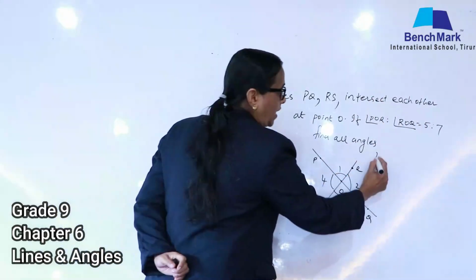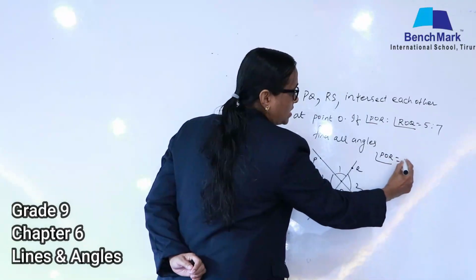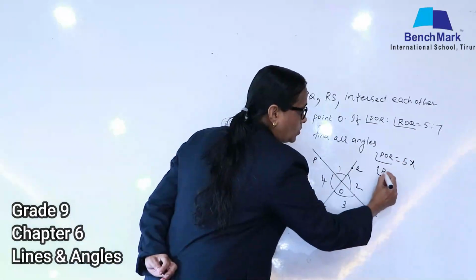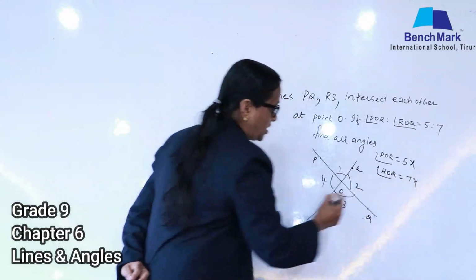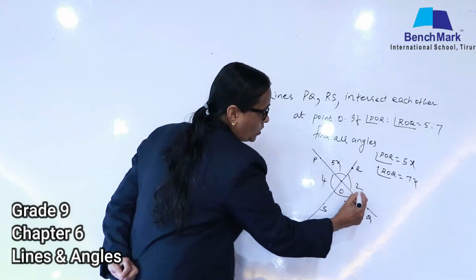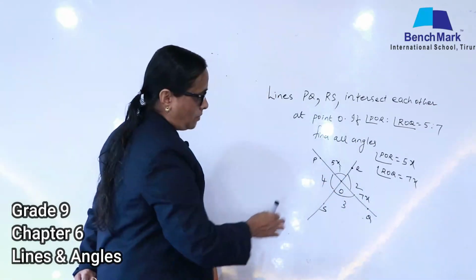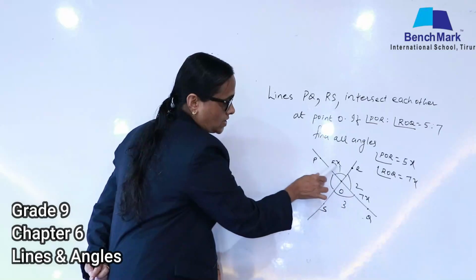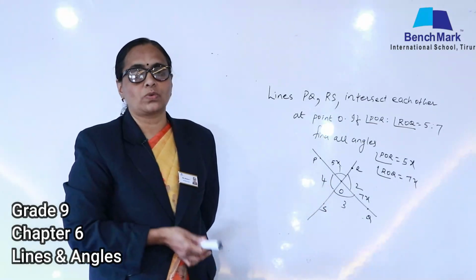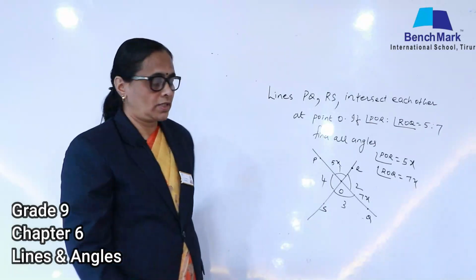So I can write angle POR is equal to 5x and angle ROQ is equal to 7x. But what do you get when you add these two angles? Yeah, you are right. They are linear pair of angles. So when I add those two, I will get 180 degree.